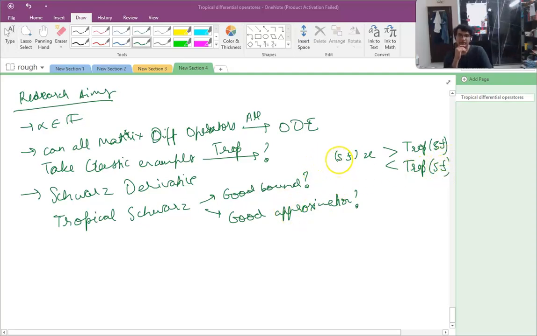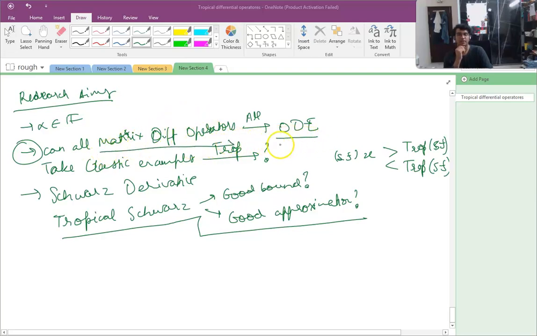But if we don't, then it would be better to focus on this question first and then try to answer this one. Because if the tropical Schwarz derivative does not provide any good bounds, then it's useless to look at matrix differential operators and their corresponding ODEs and then to tropicalize this.